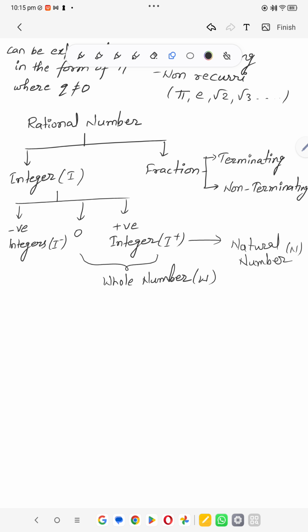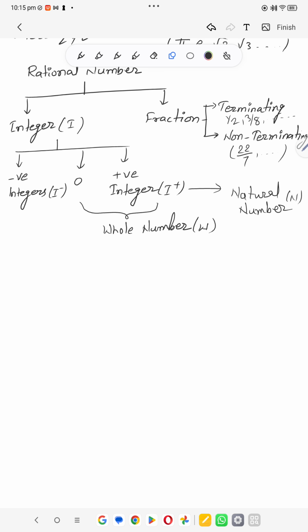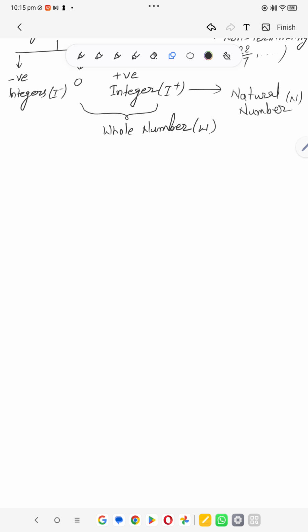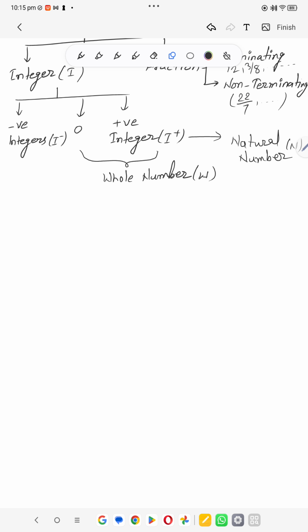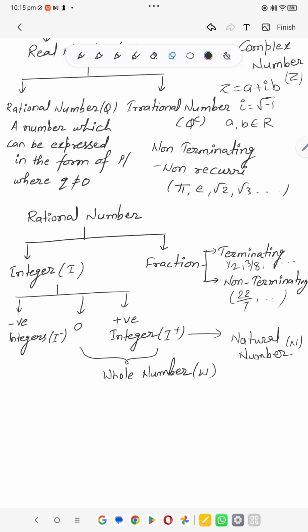Terminating can be 1 by 2, 3 by 8 and all. Non-terminating we will have 22 by 7. So up to here we will have a wide knowledge of the number system.